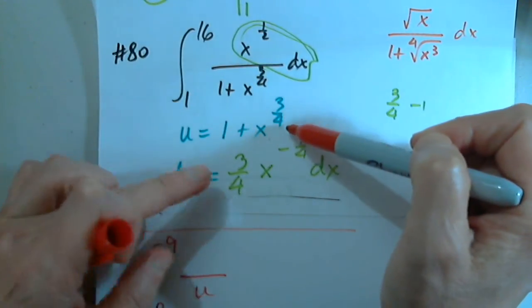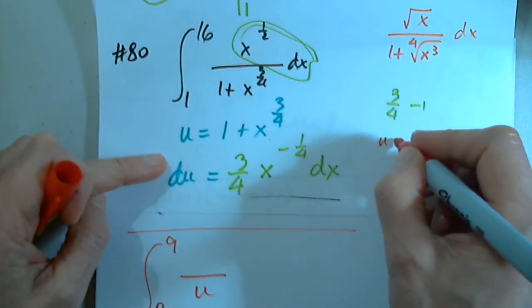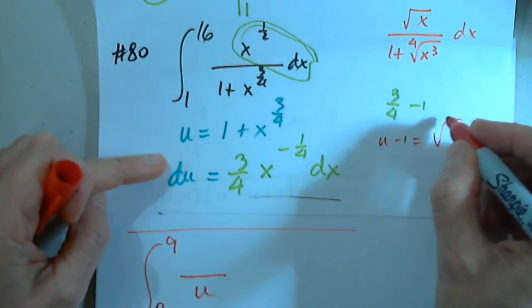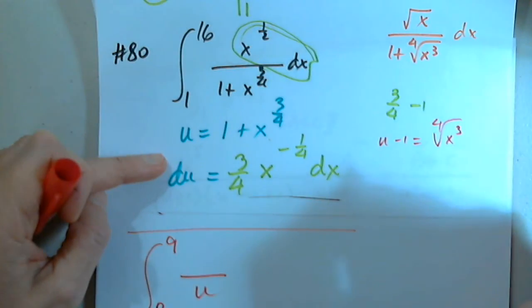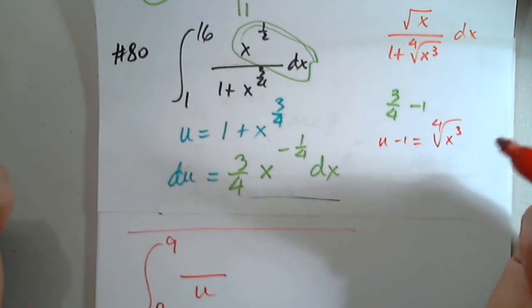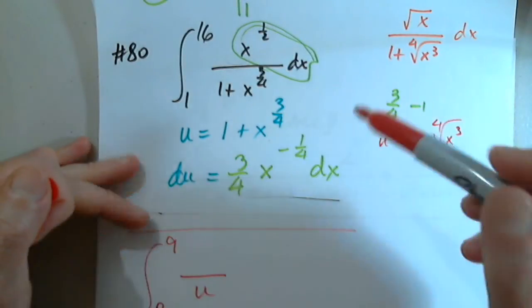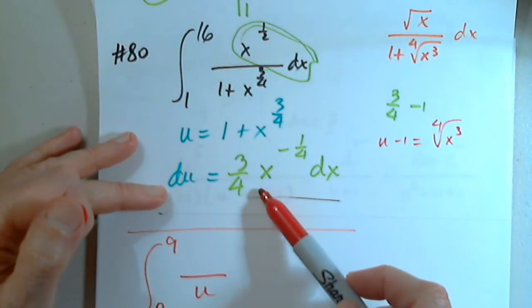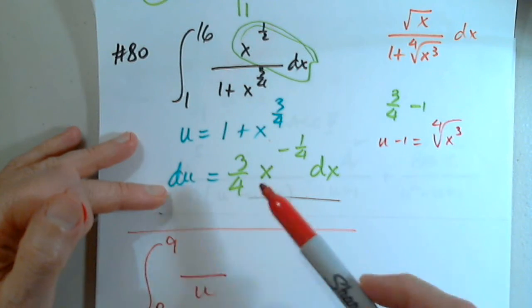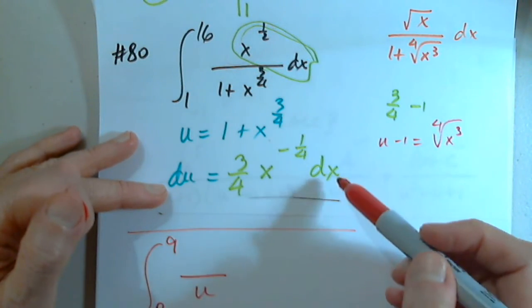I can't get, so I have u minus 1 equals the fourth root of x to the third. And how do I get x squared from this? That's the problem. Maybe if I continue with dx, let me see. Maybe dx will save it. It's possible that dx will save it.